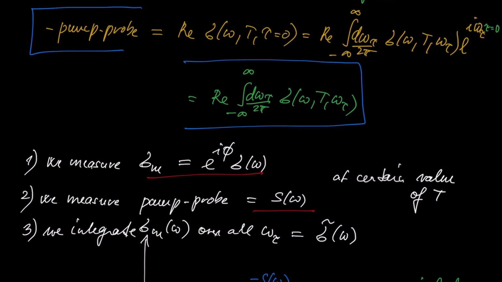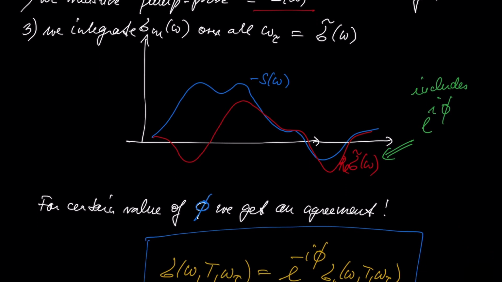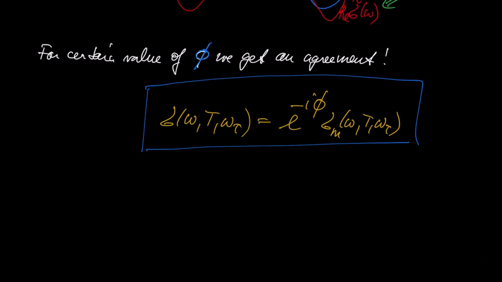All right, so this would be the procedure. We not only determine the complex signal, which is done by a trick, assuming that the real signal has two wings that are equal and basically forgetting one. The second task is fulfilled by comparing the integrated complex spectrum against the pump probe and varying this free phase until we reach an agreement between the two. So once we have that, we have a true 2D spectrum, which has a good interpretation.